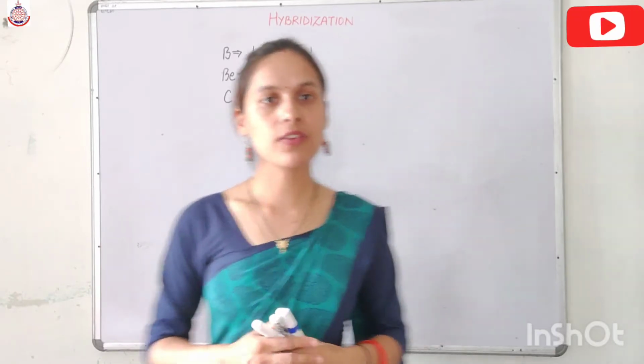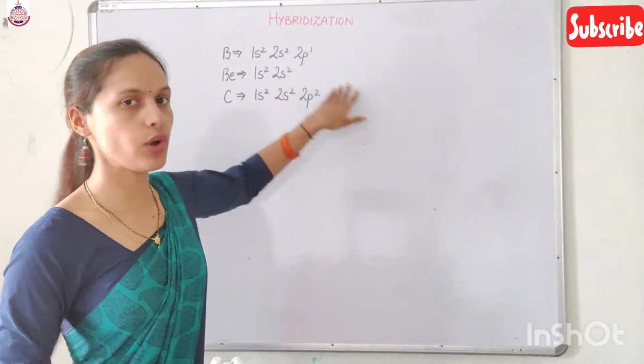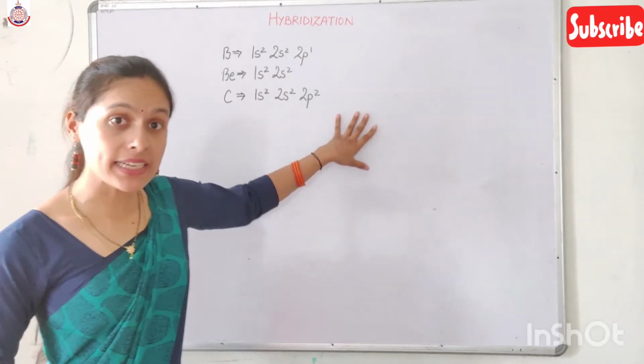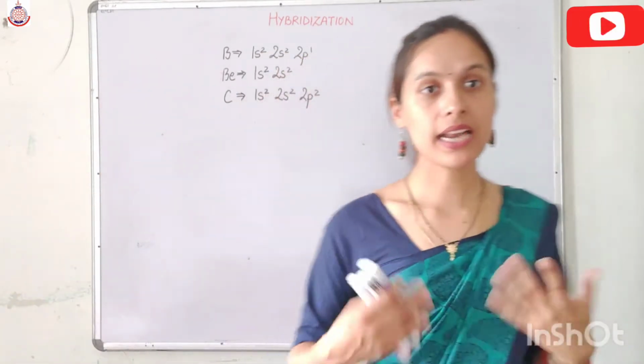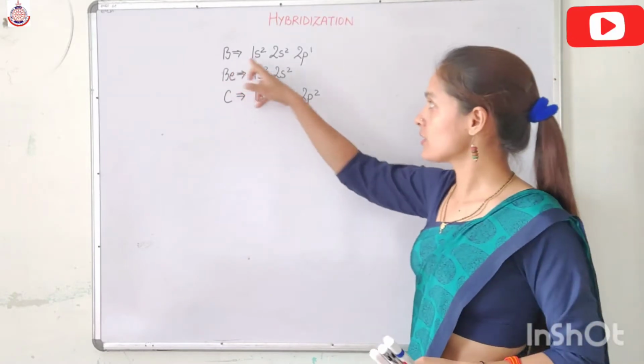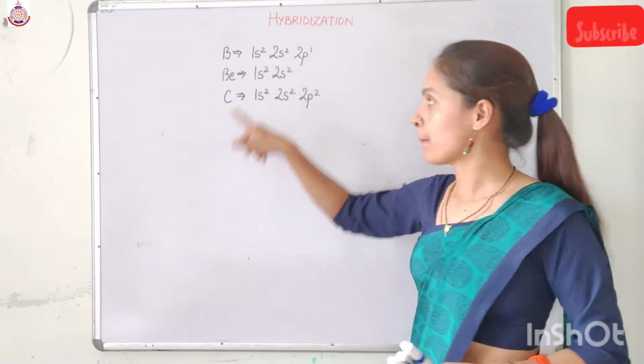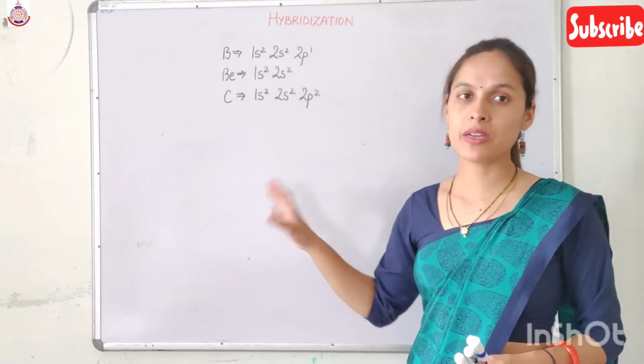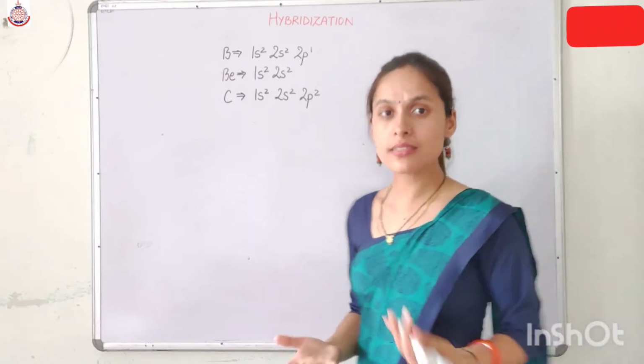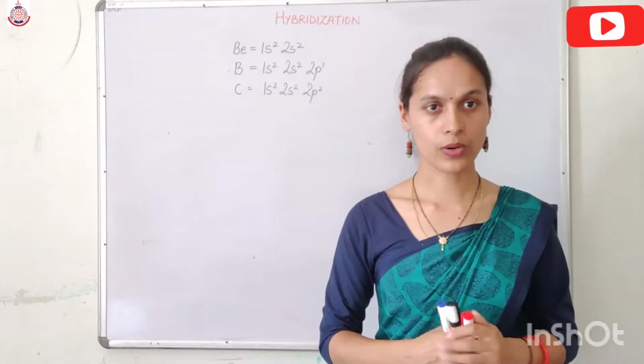So their covalency will be equal to 1, 0 and 2. But in actual practice, the covalency of boron is 3, beryllium is 2 and carbon is 4. So what is the reason behind this?